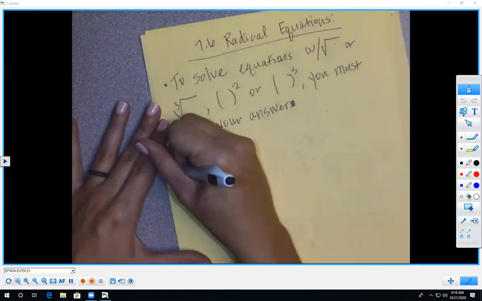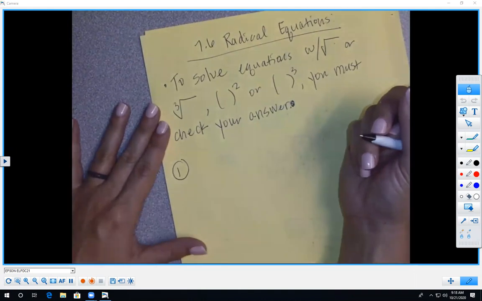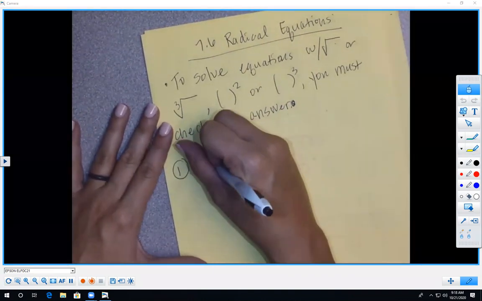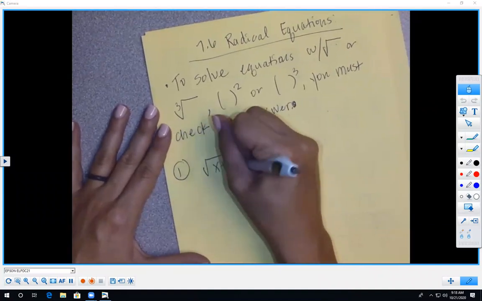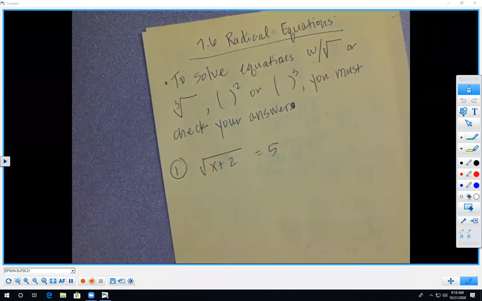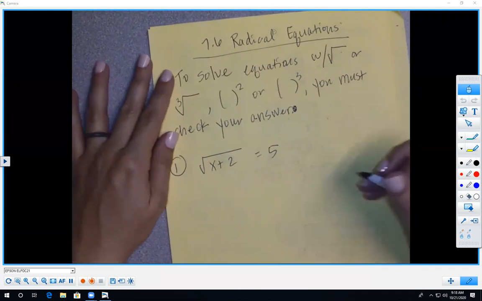Okay, so let's do a few problems. Let's start off real easy. The square root of X plus 2 equals 5. Okay, so let's talk about the things happening to X here.